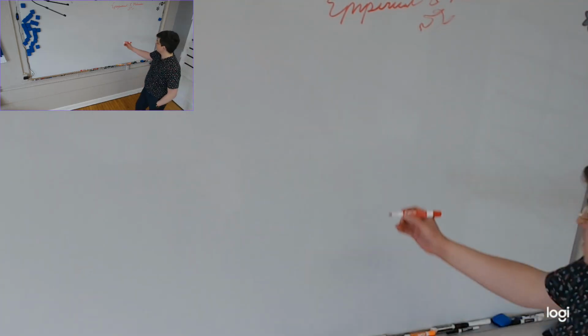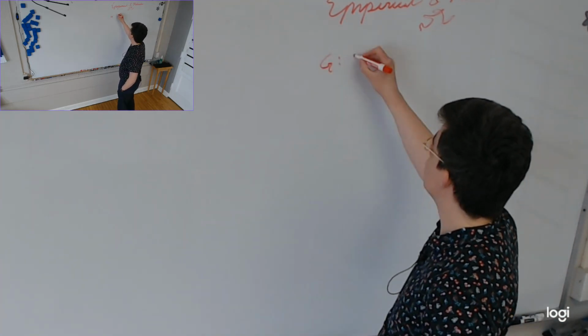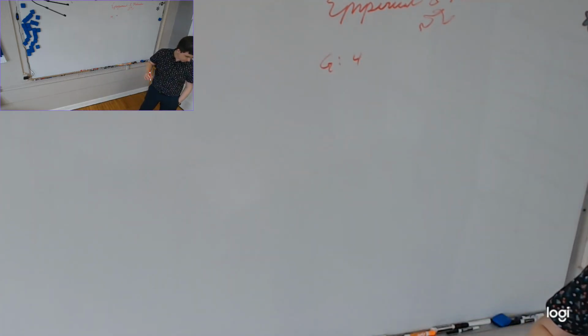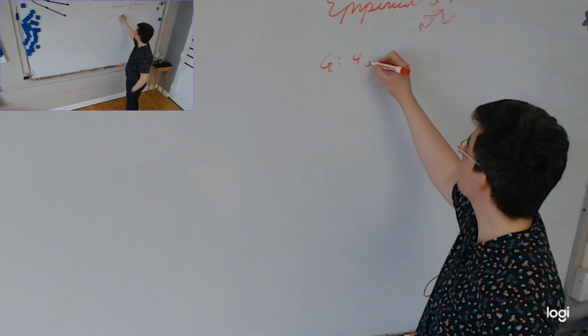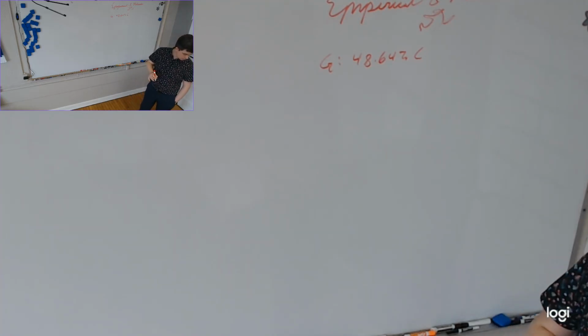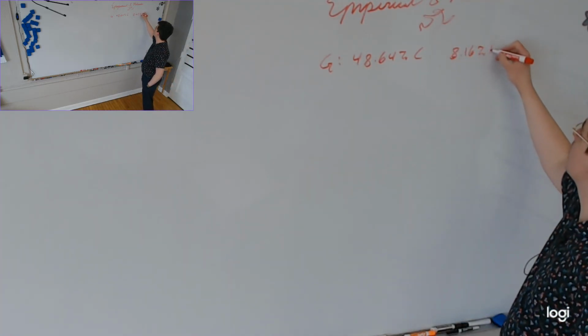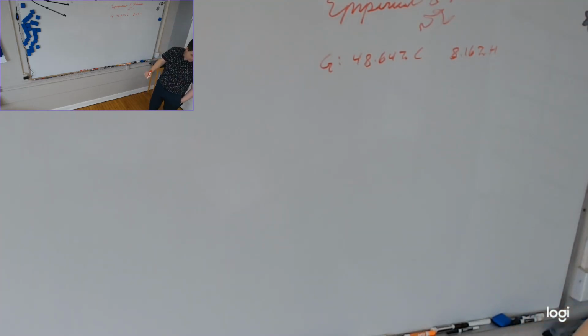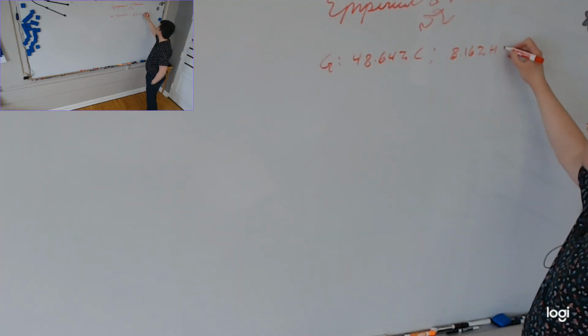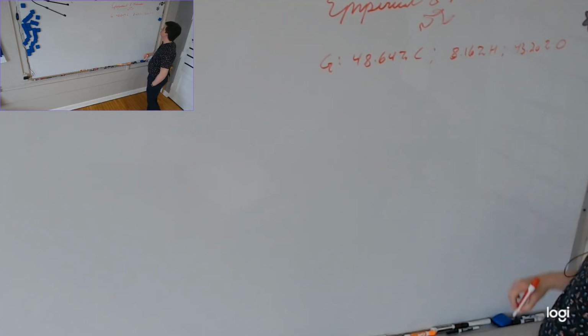So our given is 48.64% carbon, 8.16% hydrogen, and 43.20% oxygen.